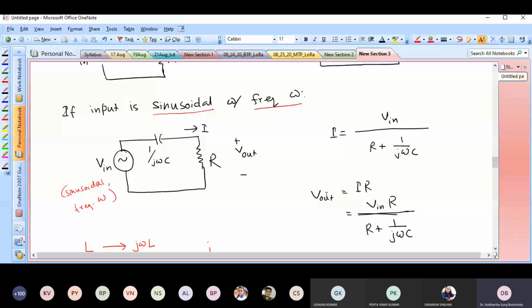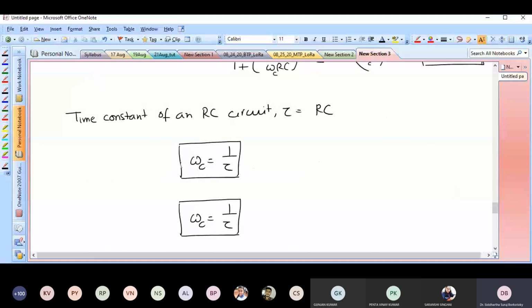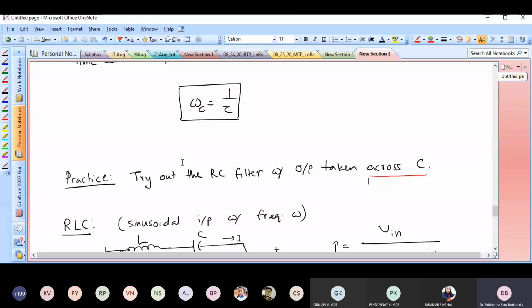What output will I get? So try to answer that question on your own. Do the analysis and see what the output would be. You should get a low pass filter. So essentially, if you have any two element circuit, either RL or RC, and you take the output across one, you get some type of filter.